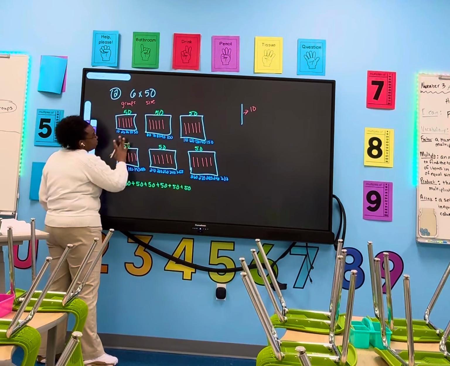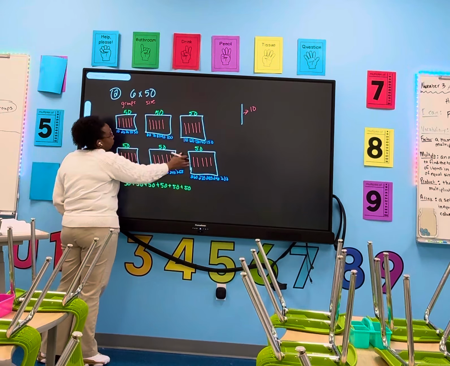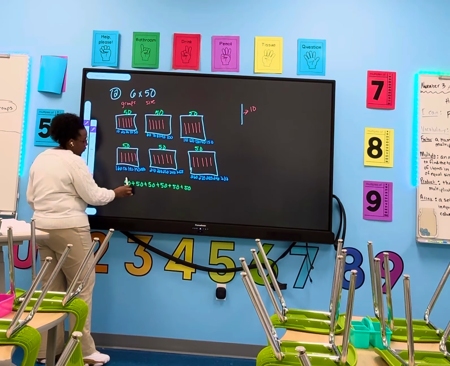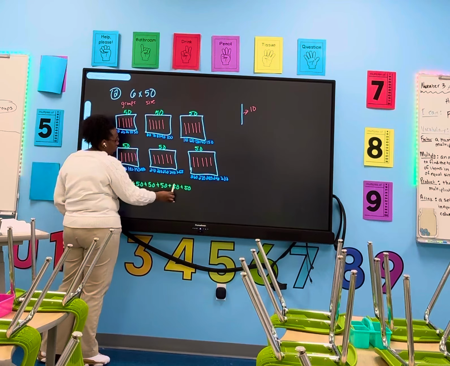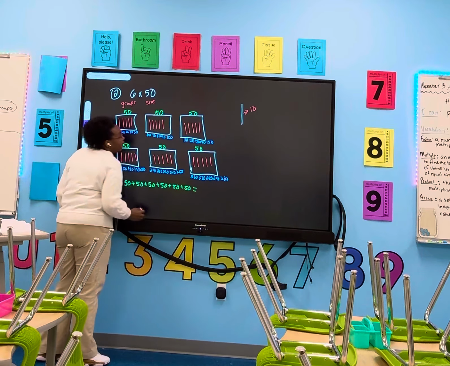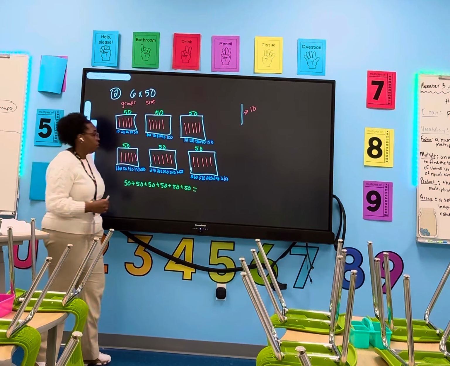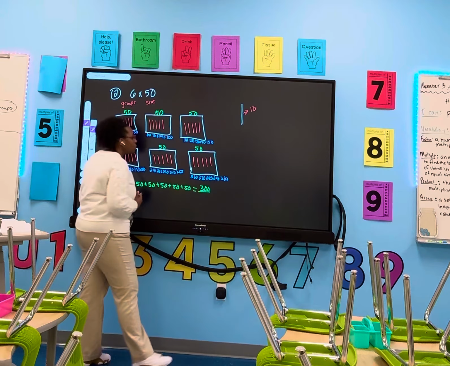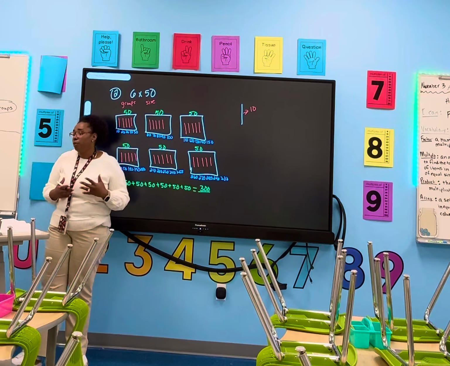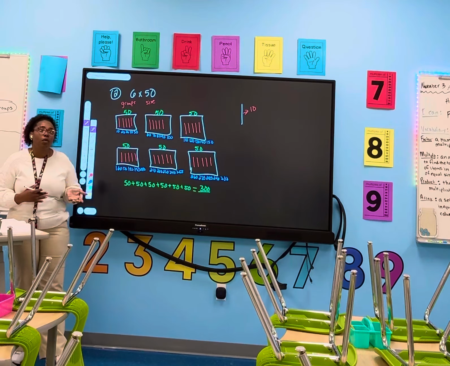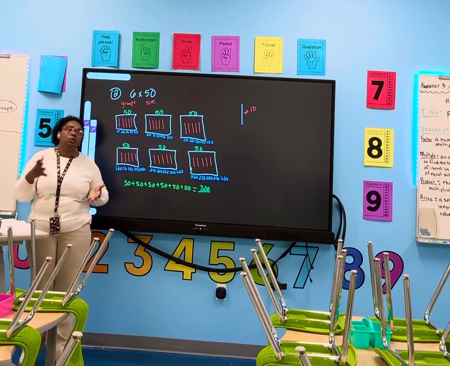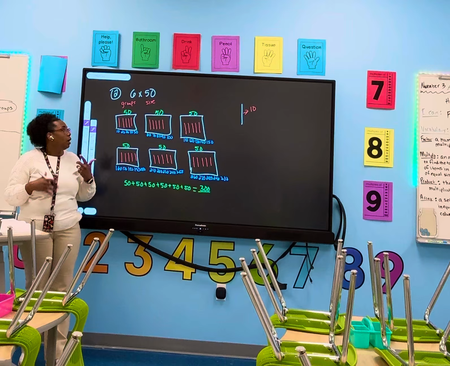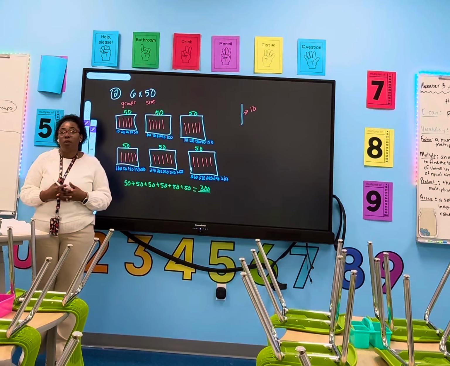You should have 6 50s, because you have 6 groups. And when you add all that up, that will give you a final answer of 300. So again, there are multiple ways you can solve this. Figure out which one works best for you, which one you feel more comfortable with, and then go ahead and do that one.